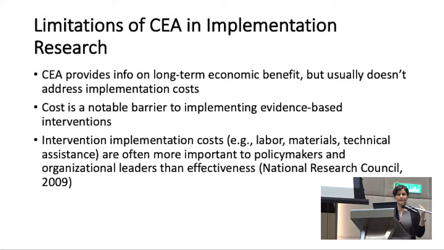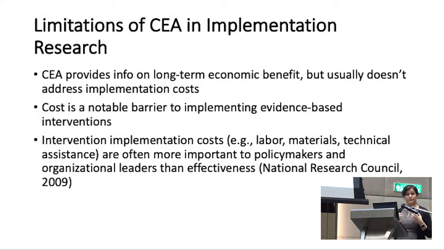A lot of times economists will actually leave out those implementation costs like training or development of materials and tools that are necessary to launch an intervention, but aren't necessarily necessary to continue an intervention. As implementation researchers, we're often really interested in those things, and implementers are also very interested in those things.